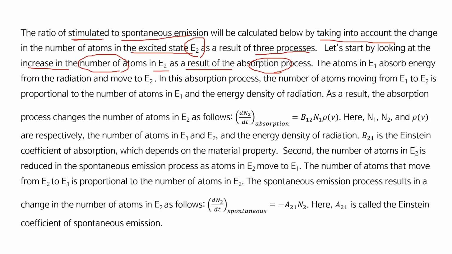The atoms in E1 absorb energy from the radiation and move to E2. In this absorption process, the number of atoms moving from E1 to E2 is proportional to the number of atoms in E1 and the energy density of radiation. As a result, the absorption process changes the number of atoms in E2 as given by this equation.